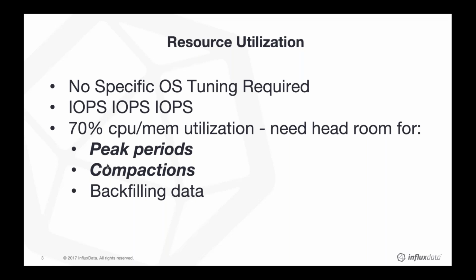So maybe you have a lot of engineers that are looking at Grafana or Chronograf dashboards, and they all log in at the same time, and there's a big spike in query load. The other thing that can peak is compactions. Compactions are happening in the background, depending on shard durations and things like that. Compactions use CPU and memory, so you need to have room for that. And then, not often done, but it does happen, backfilling data. When you write data to old shards, there are recompactions that happen. So again, you need some headroom for that.